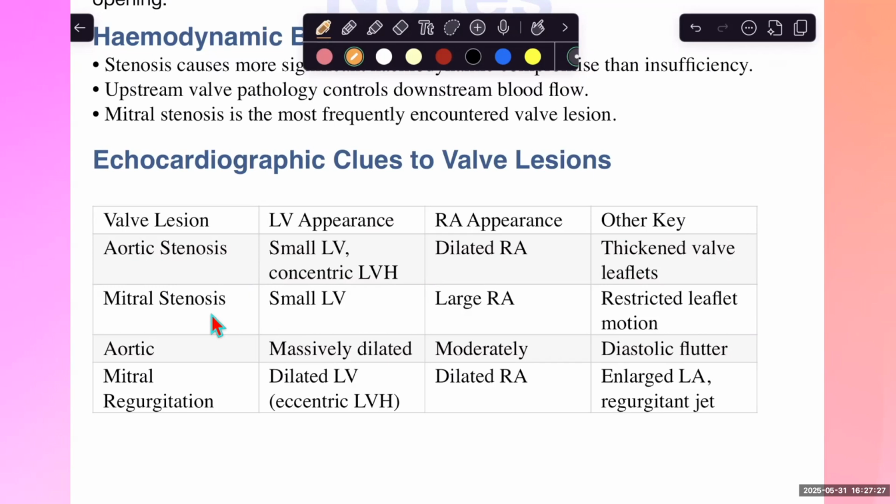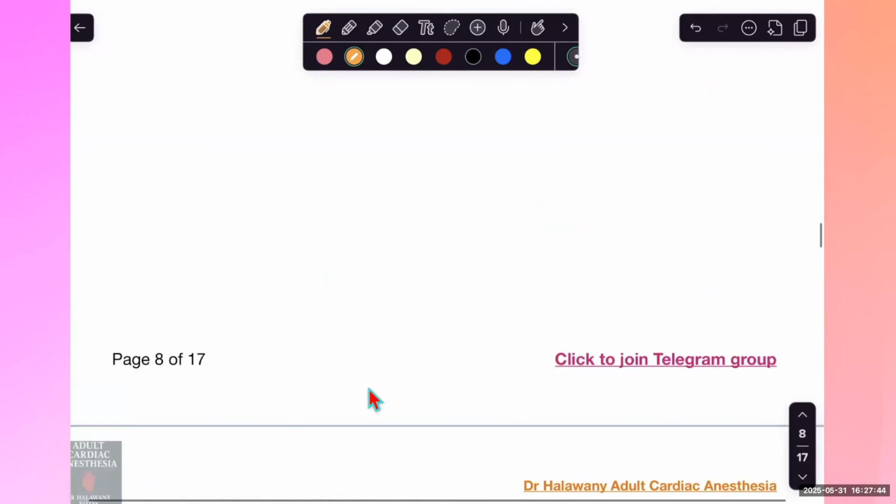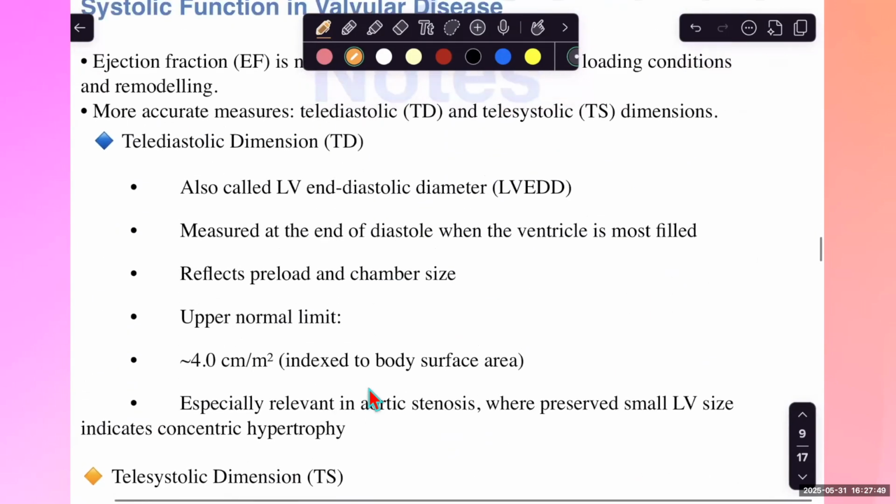Mitral stenosis, small LV because no more blood is going down. Aortic or mitral regurgitation gives a massively dilated LV. Later on, we will take every one in more specific detail.